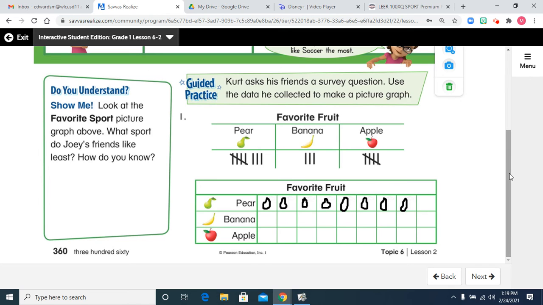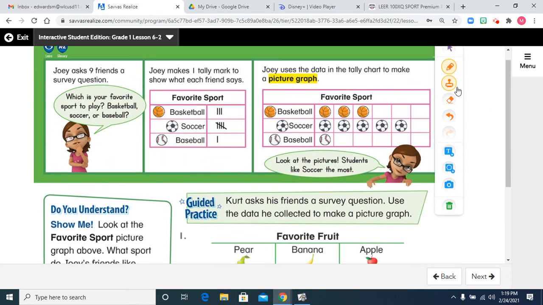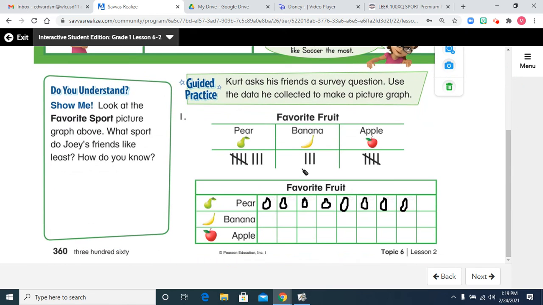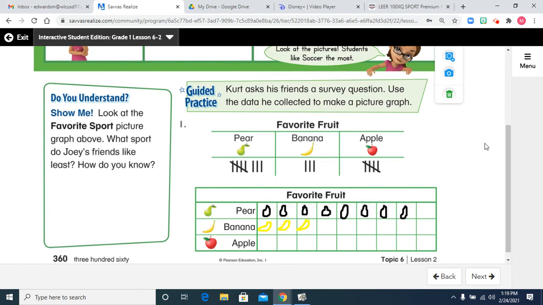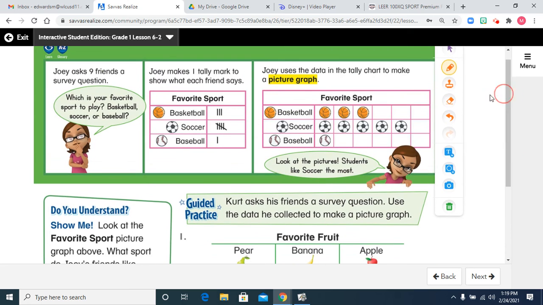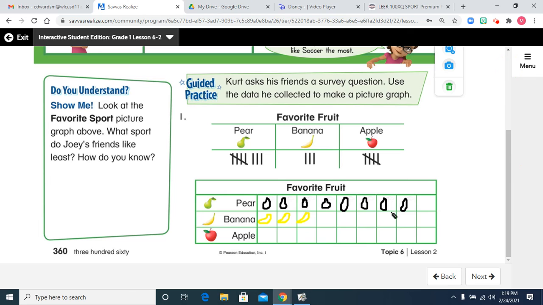Now bananas. I guess I could change colors here. Only 3 friends voted for bananas, so I'll just make 3 bananas. And then we can tell that this is 5 because there's a slash. So then 5 friends voted for apples.